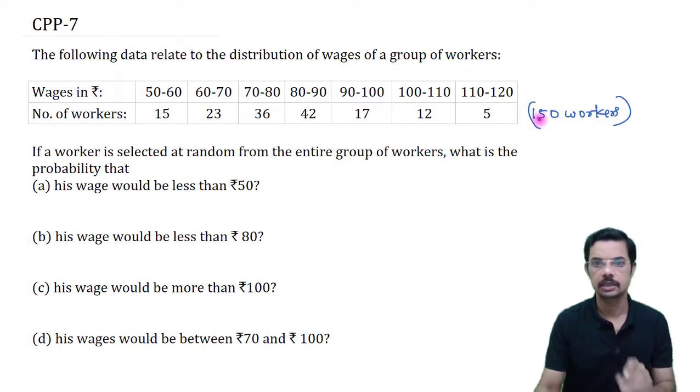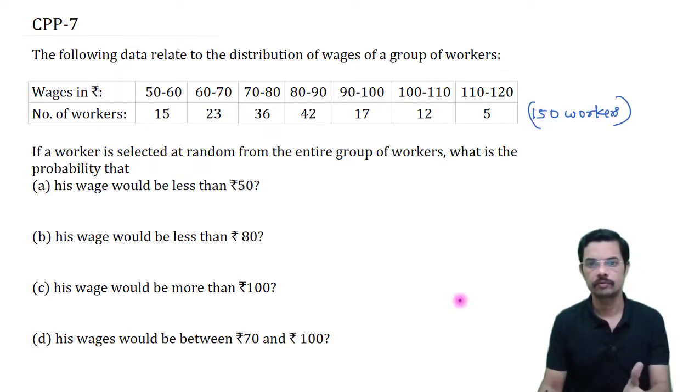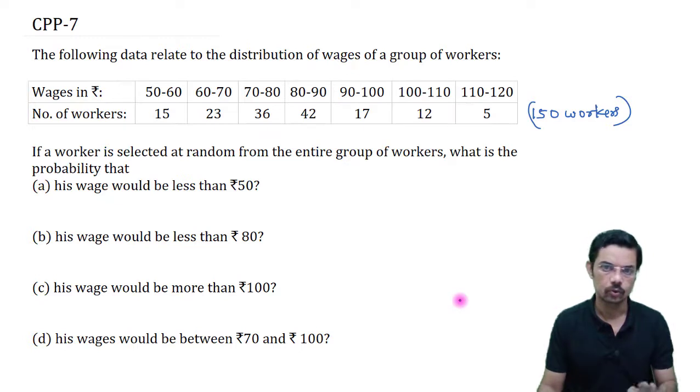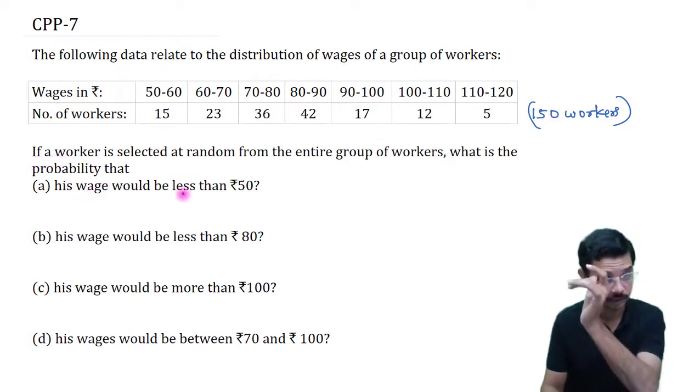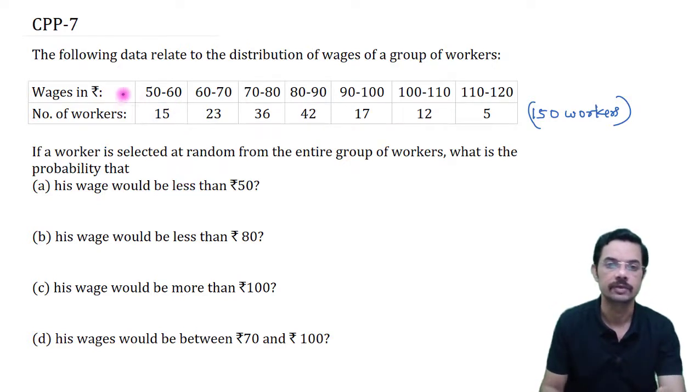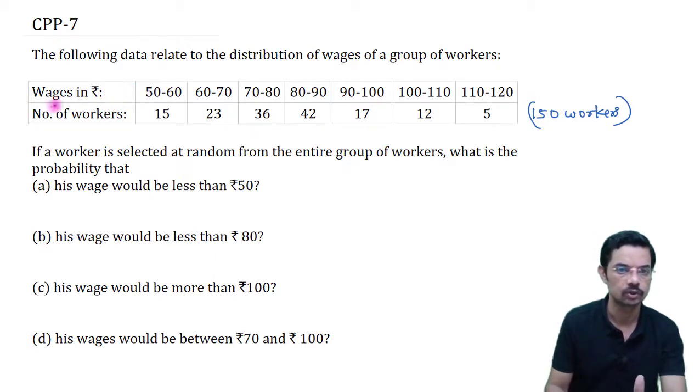So when we are selecting one out of 150, the total number of workers is 150. One worker is selected at random from the entire group. What is the probability that his wage would be less than 50? How many people are getting less than 50? It is 50 or more, very clearly. So less than 50 is nobody.